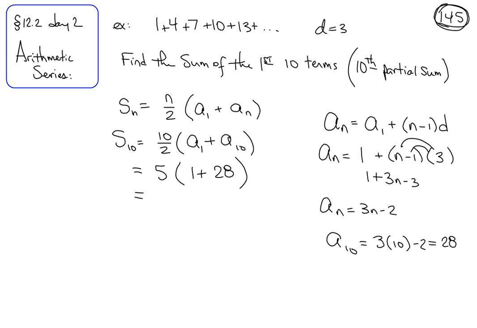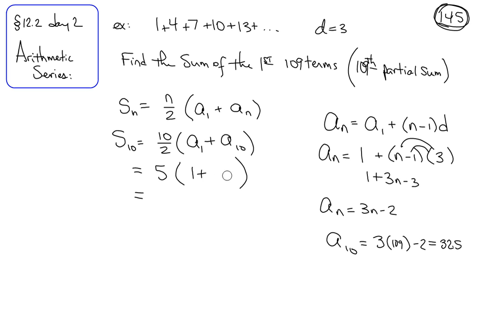Questions about that? So now, how would we do this if we wanted to find the first 109 terms, or the 109th partial sum? Well, then we would have taken this and plugged 109 in. That's 327 minus 2, which is 325.